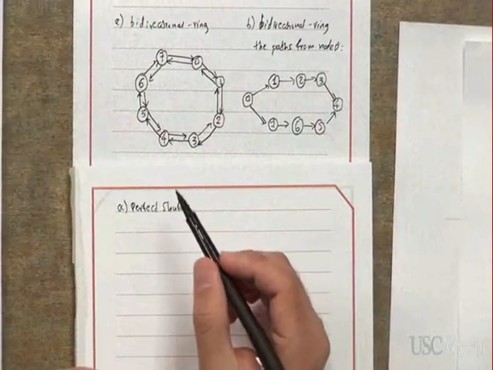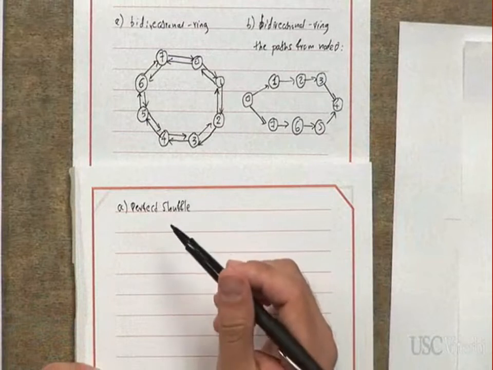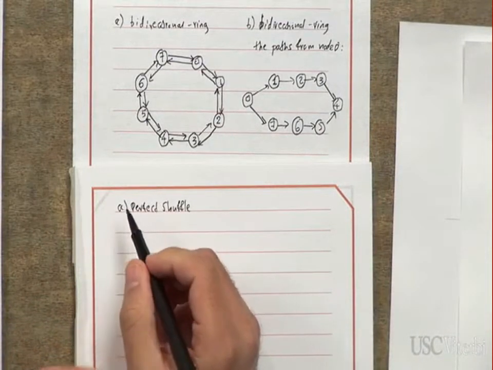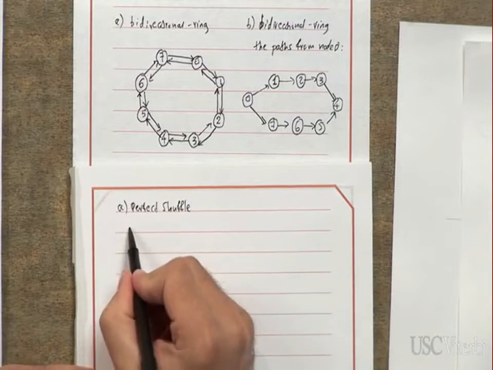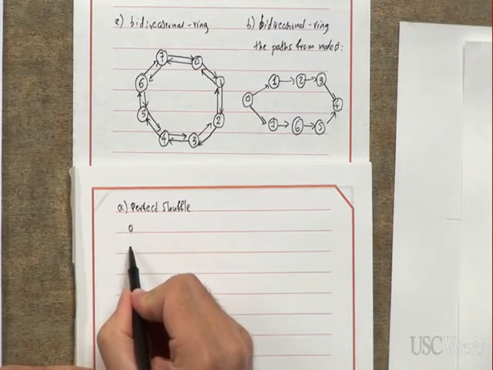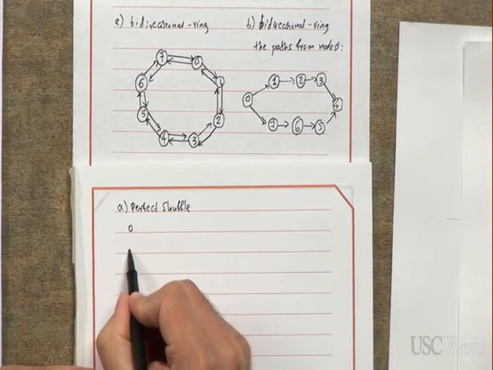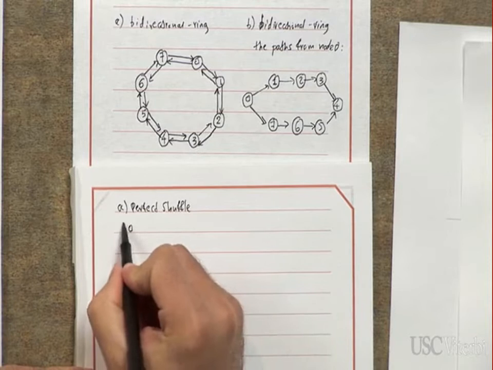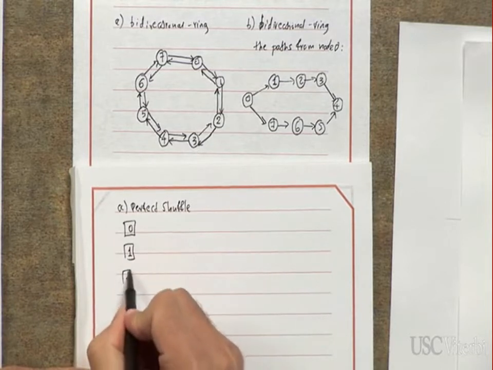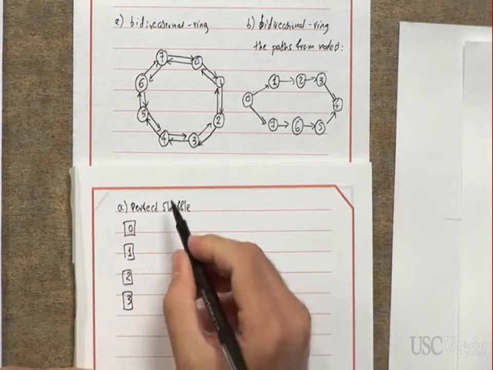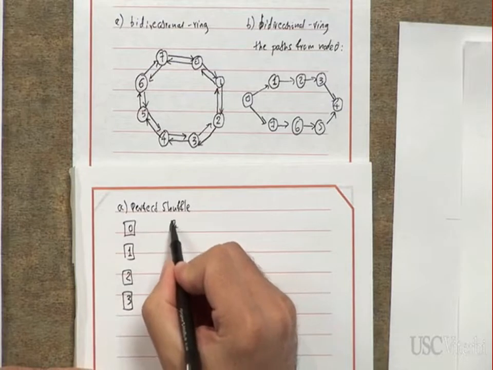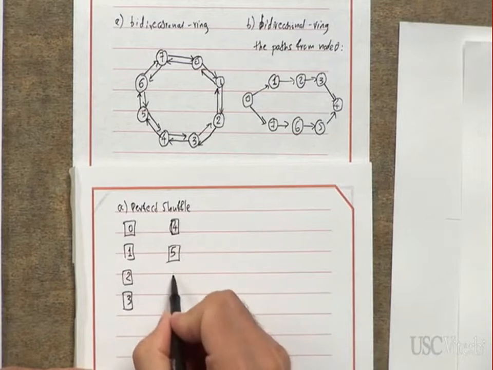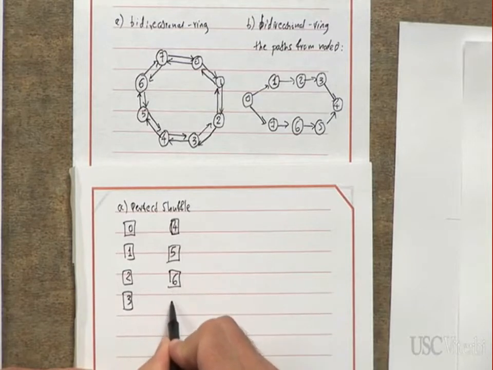So perfect shuffle, over here we have 8 switches: 0, 1, 2, 3, and then 4, 5, 6, 7.